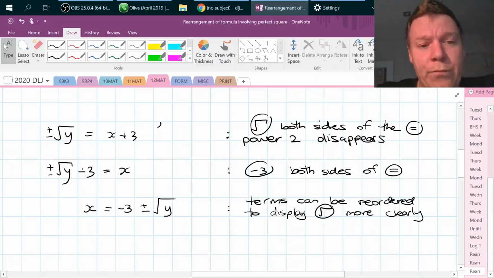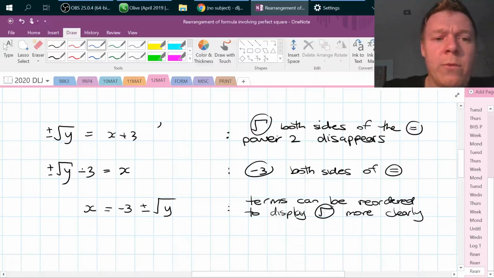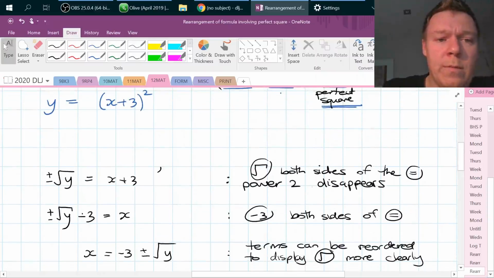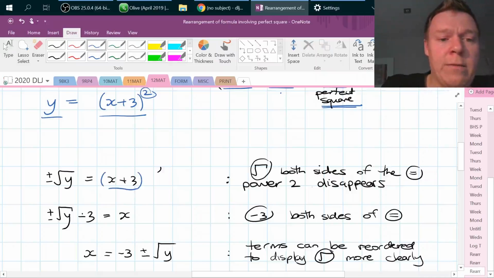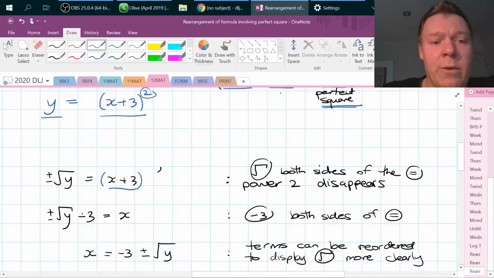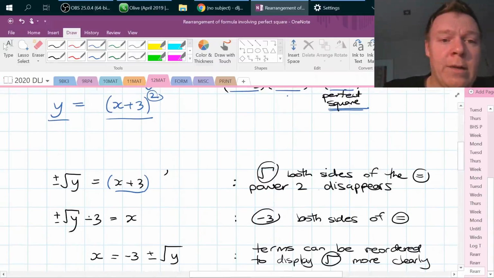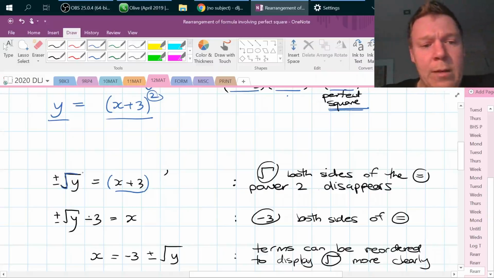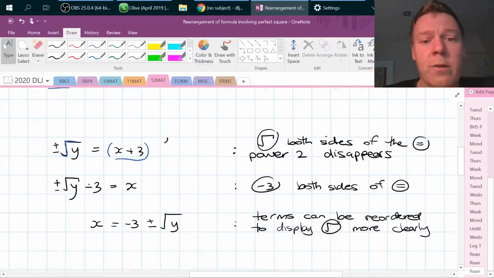So if we were to square root both sides, so both this side and this side, then the 2 would disappear and we'd just be left with what's inside the brackets. I mean, you could leave the brackets there, but they don't actually have any effect on the problem anymore. And then that power 2 moves to the other side and it becomes the square root y, plus or minus square root y, because it's got 2 separate answers, right? Because we just took the square root of both sides.